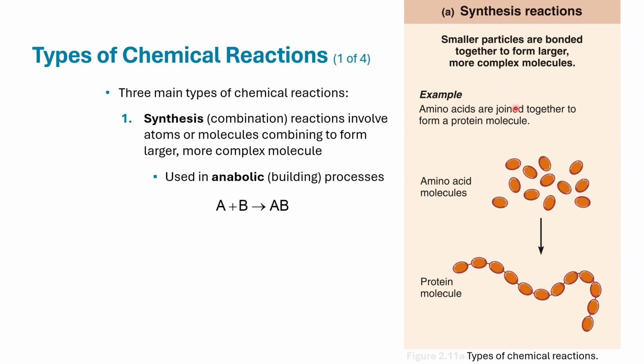So for instance, a synthesis reaction would be smaller particles bonded together to form larger, more complex molecules. An example: all these single amino acids are joined together to form a protein molecule. So you're synthesizing something, forming something from multiple parts. This is how it's written out: A plus B yields AB. They're connected.